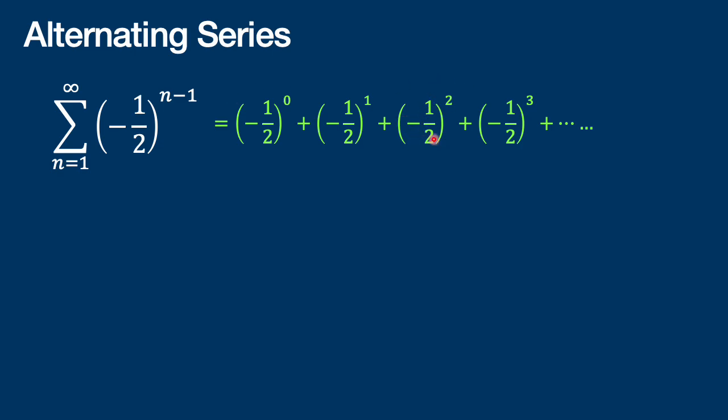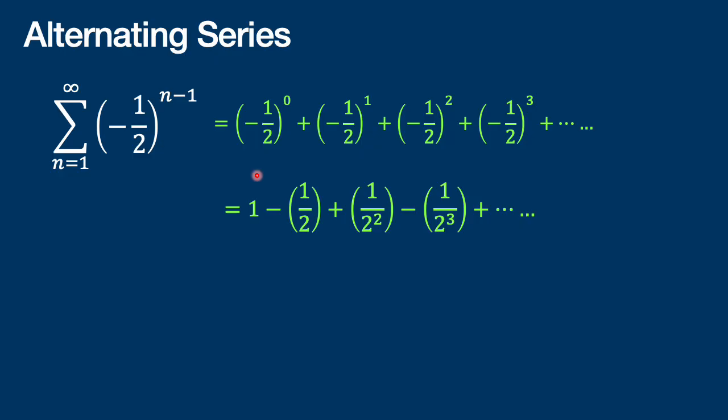and so on. Now let's see this first term, that's going to be 1. Second term is negative 1/2 to the 1, then negative 1/2. Third term is negative 1/2 squared, meaning a negative squared is positive, 1 over 2 squared.